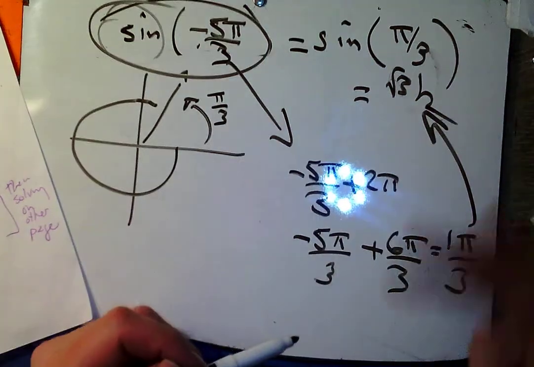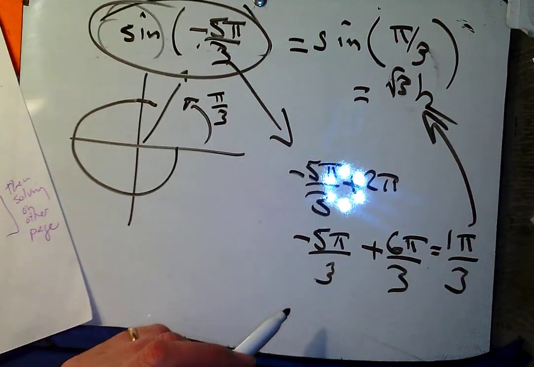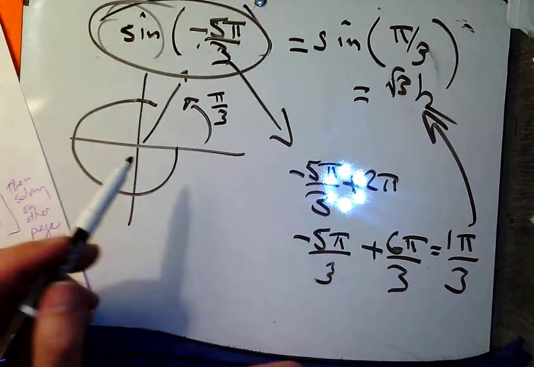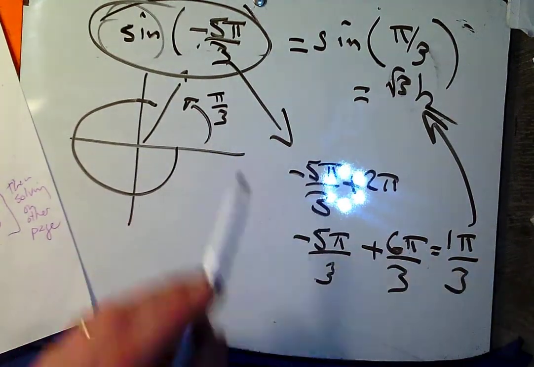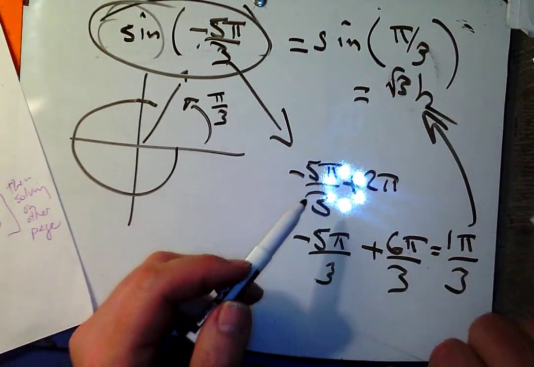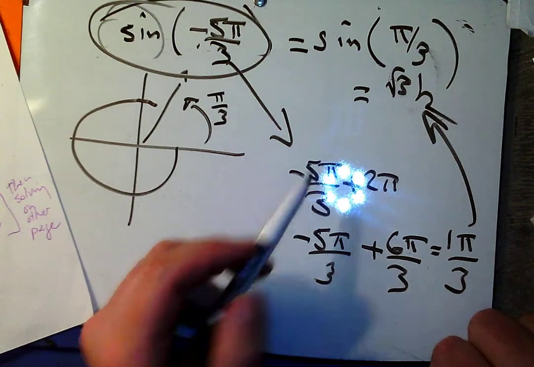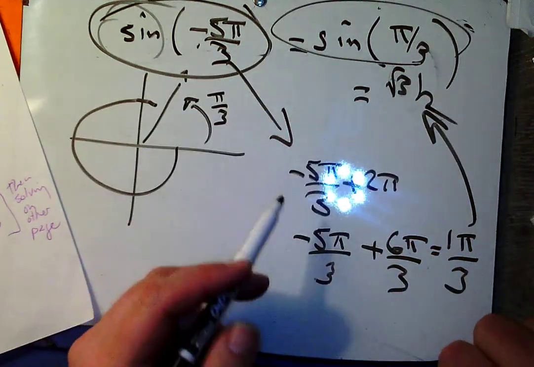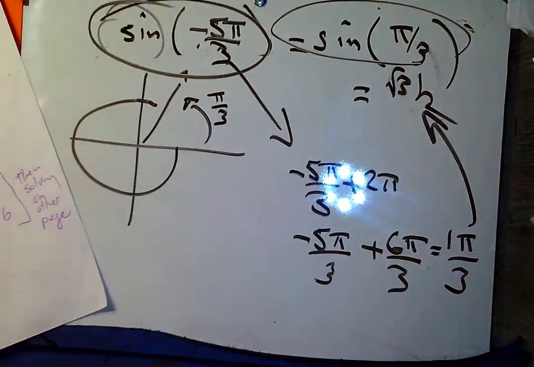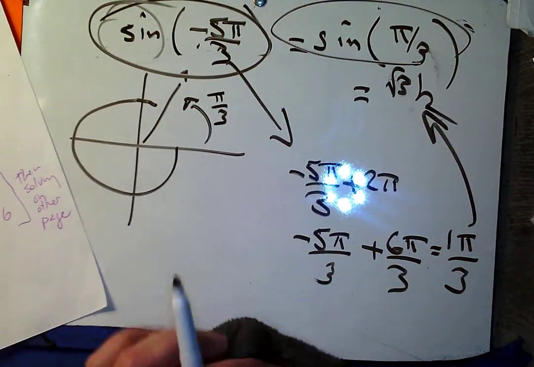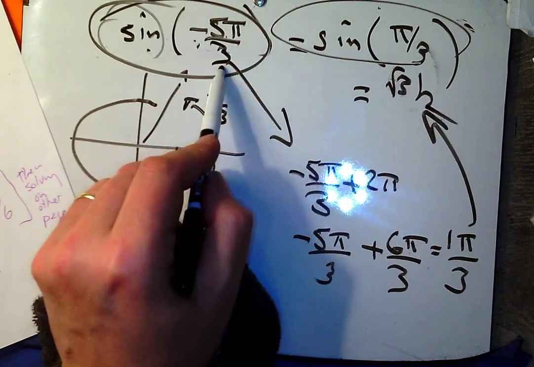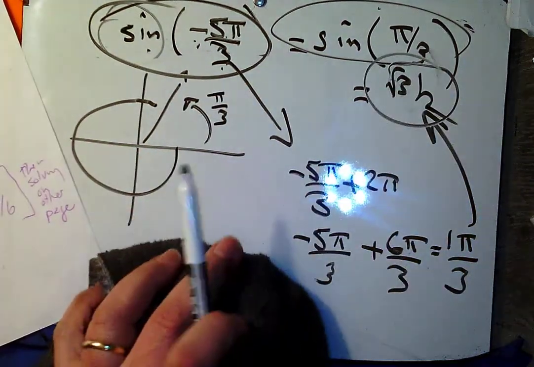And that's what we had figured out before. So you can look at it visually. You can use your reference angles. You could use your knowledge of coterminal angles to help you find where on 0 to 2 pi, where on the unit circle you're talking about. Okay? So the sine of negative 5 pi over 3 is positive root 3 over 2.